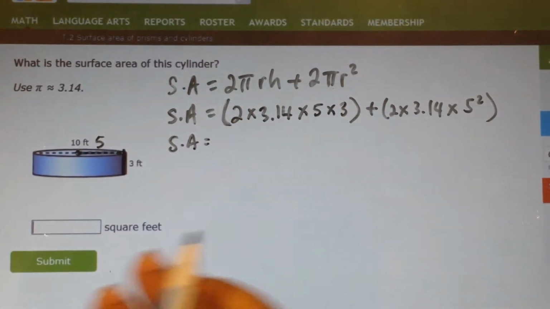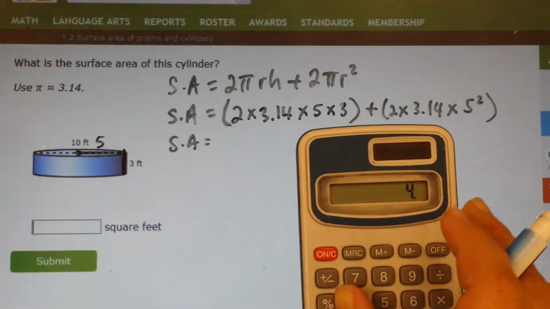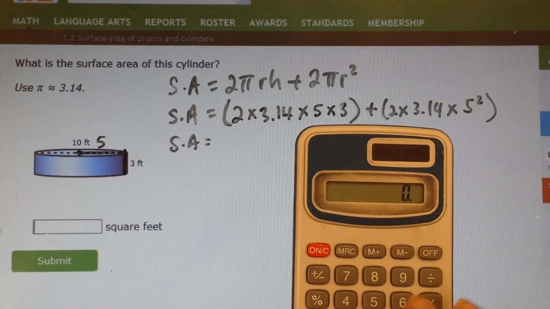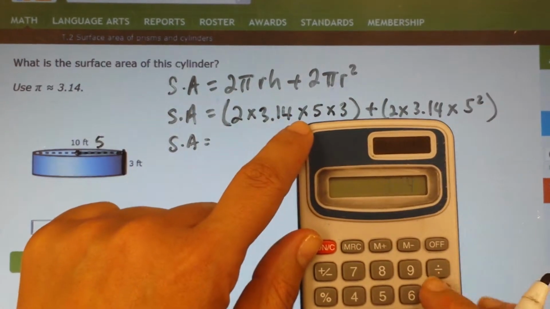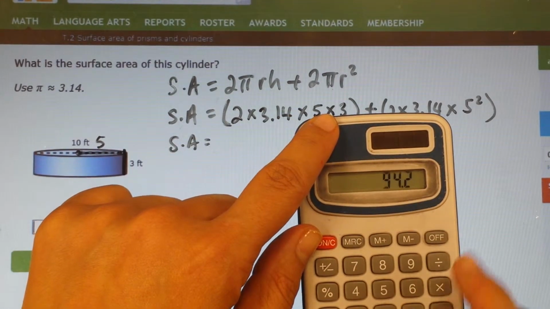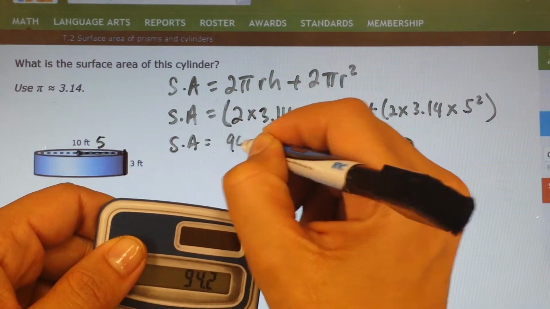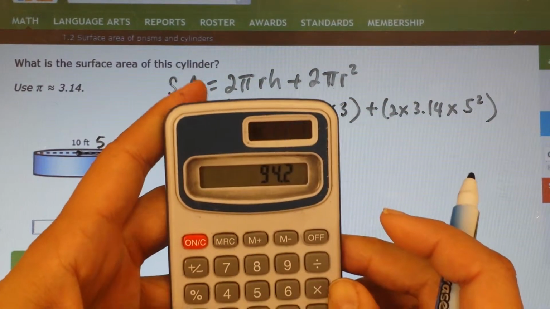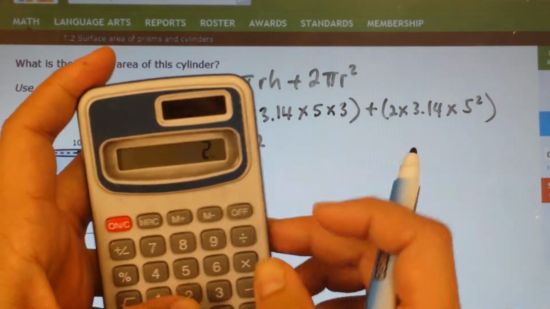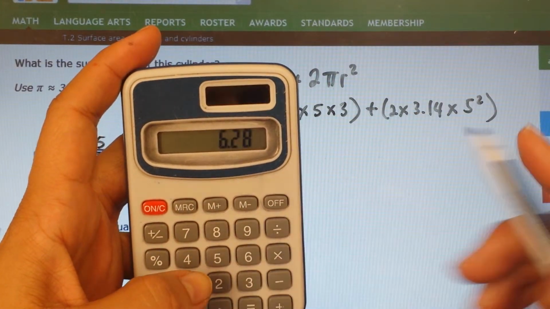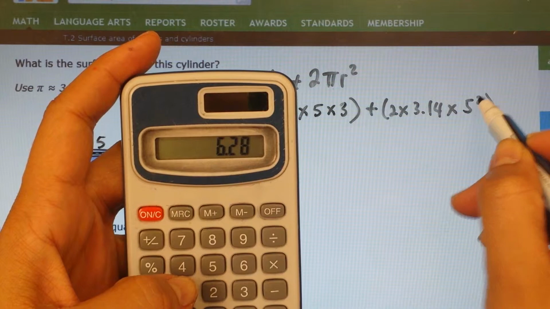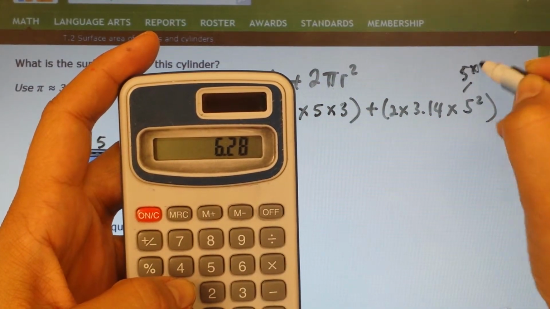Surface area equals, take a basic calculator, and all you're going to do is punch in the numbers. So you're going to go 2 times 3.14 times 5 times 3 equals, and you get 94.2. Then over here, 2 times 3.14 times 5 squared is 25. 5 squared is like saying 5 times 5.